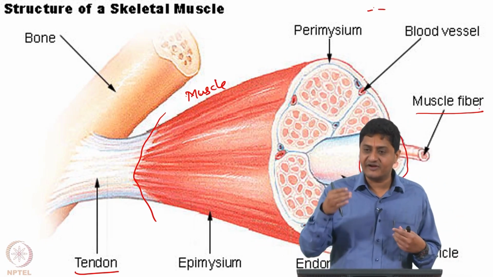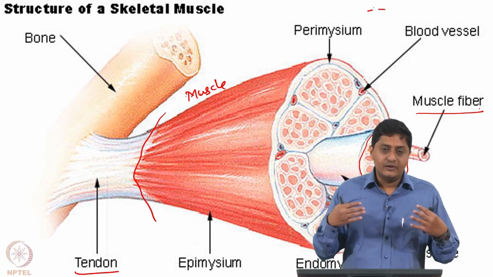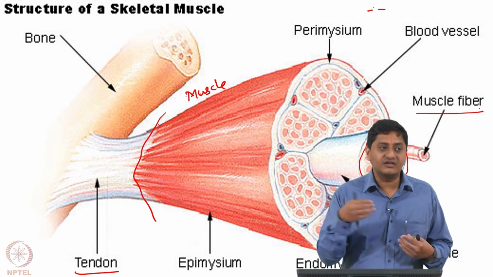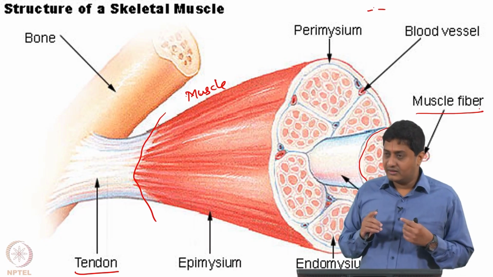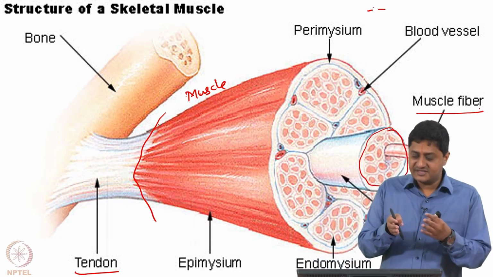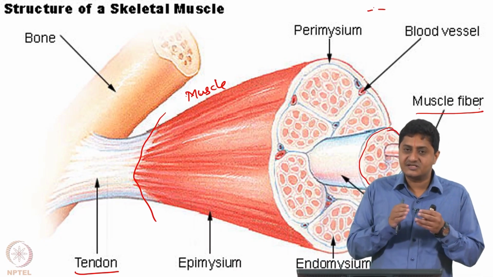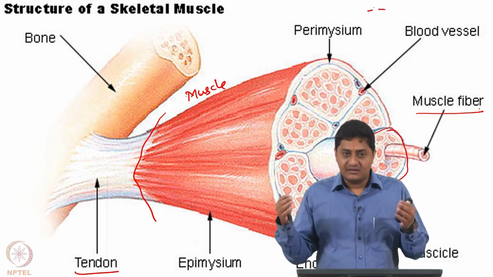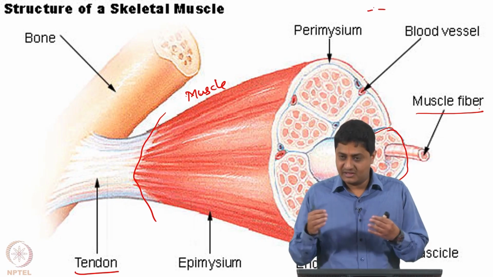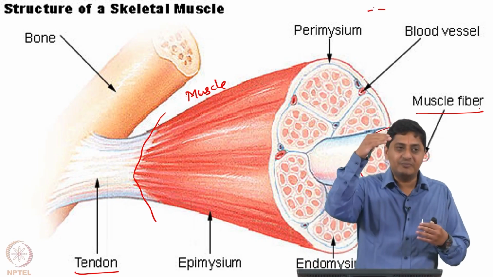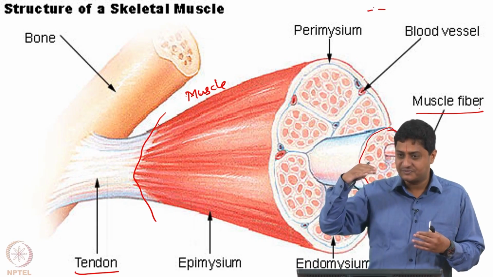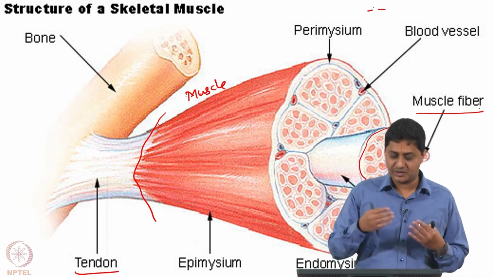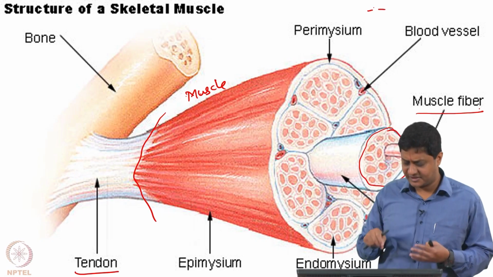At a higher level of hierarchy there need not be a parallel arrangement, but within the fascicle all the fibers are parallel to each other. In the previous classes we have seen that the force produced in a sarcomere gets transmitted serially within the myofibril, there is a serial addition of force, and across fibers there is parallel addition of force, and also parallel addition across fascicles, across bundles, and so on, depending on how much the muscle is activated.